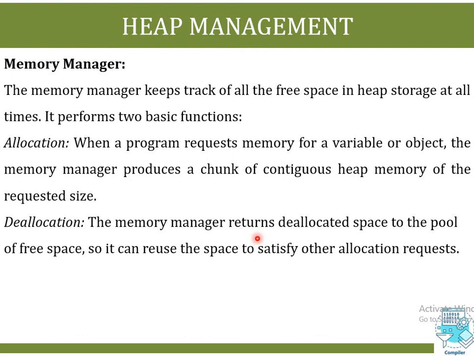That is allocation. The second function is deallocation. Here the memory manager returns the deallocated space to the pool of free spaces so that it can be used for future purposes. These are the two functions performed by the memory manager.